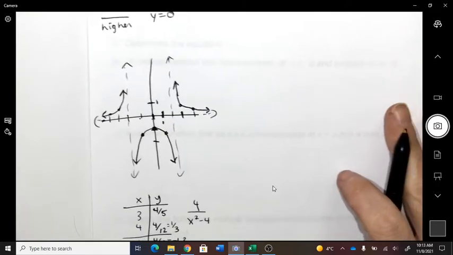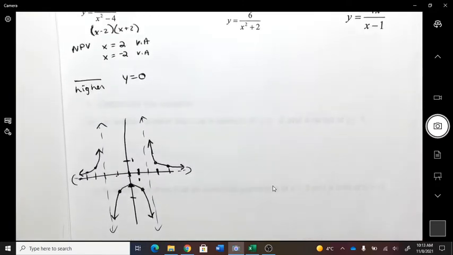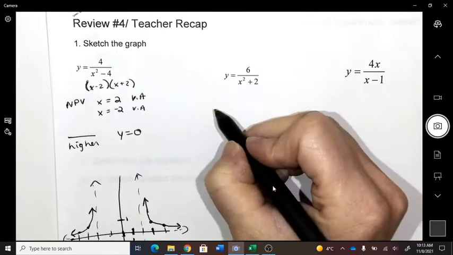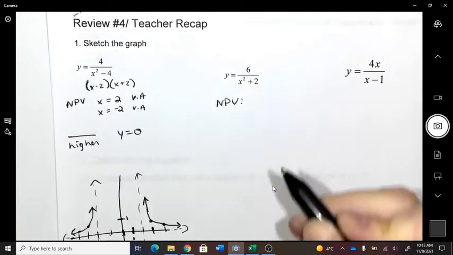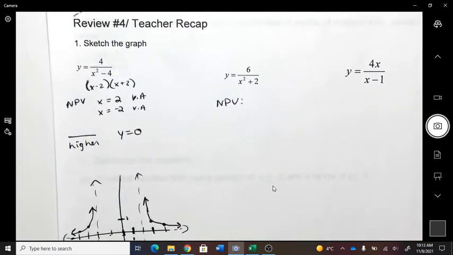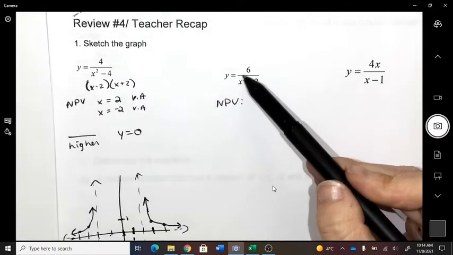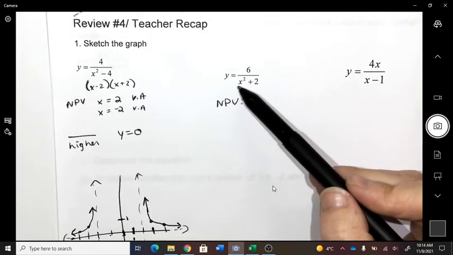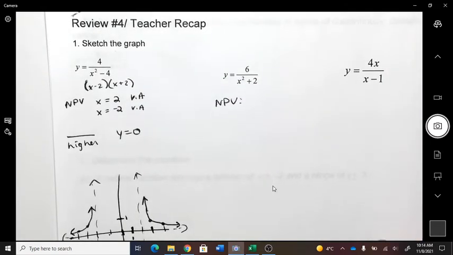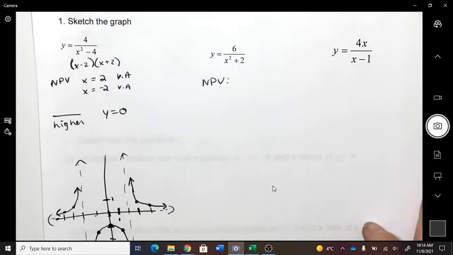Okay, number 2. Non-permissible values. So looking at X, what do we know here? I'm looking to see, is X not allowed to be something? What do you think about this?